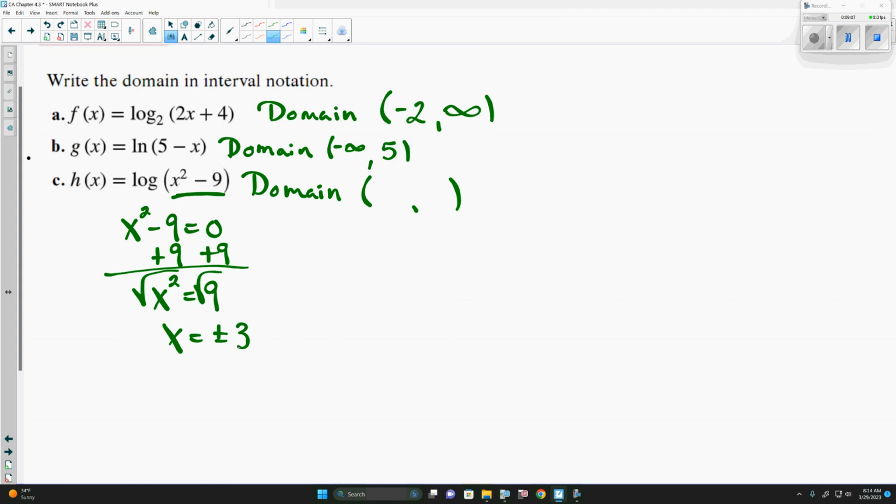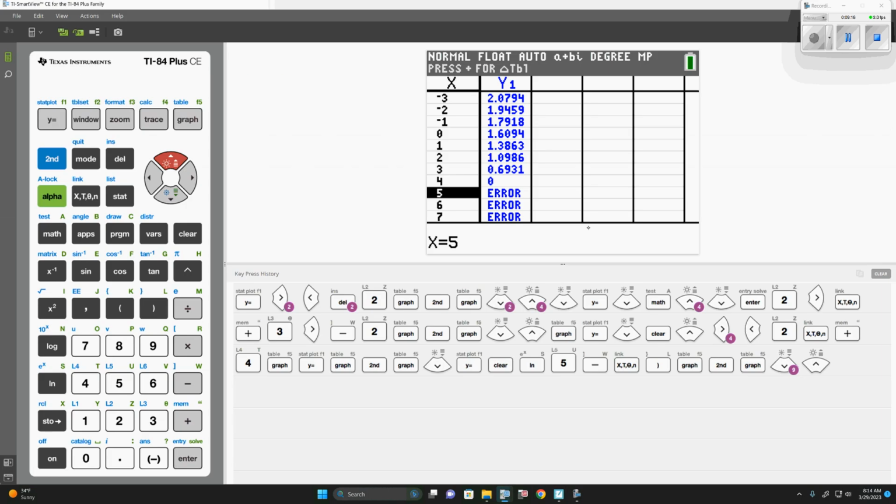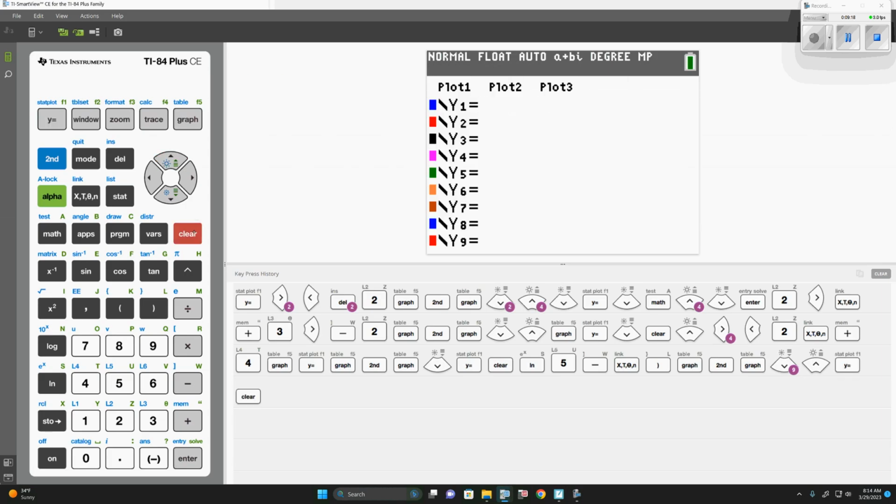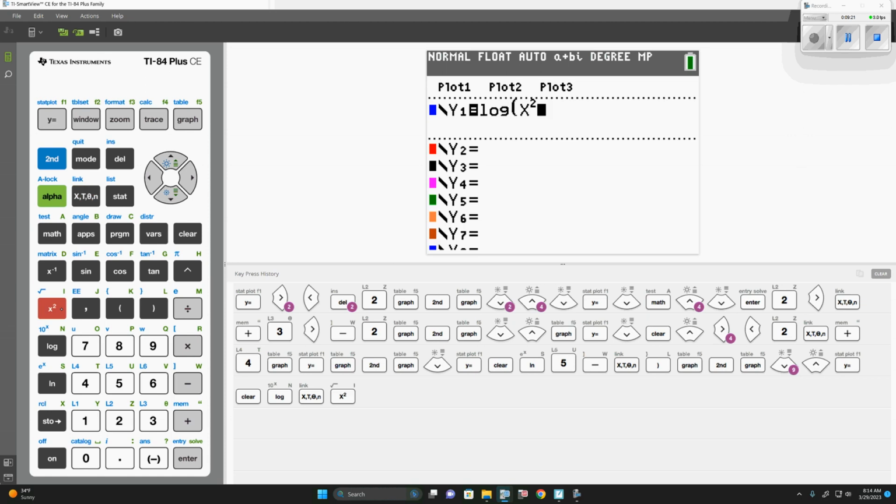Well, most likely that means we're going to have more than one part for this domain. And if we look at the function, we'll see this here. So we can say log of x squared minus 9.